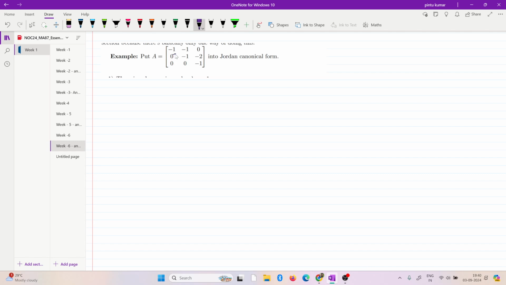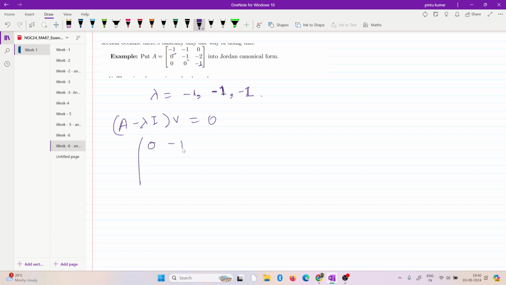Again, this is an upper triangular matrix. So its eigenvalues are minus 1, minus 1, minus 1, right? So let's first solve (A minus lambda I) V equals 0.